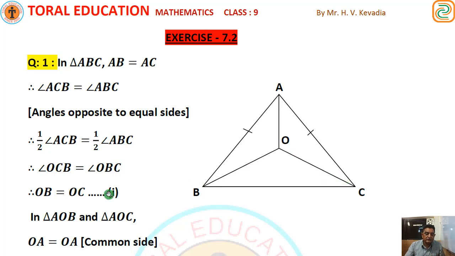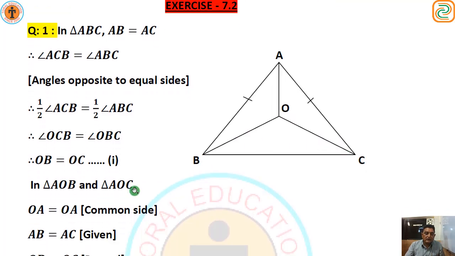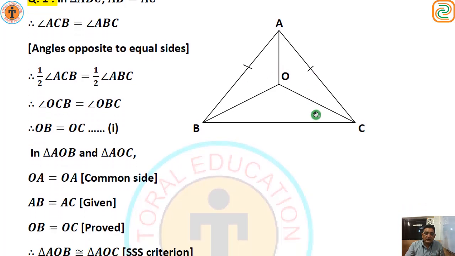Again, triangles AOB and AOC, these two triangles: OA equals OA, common side. AB equals AC, given, and OB equals OC, we have proved, right?